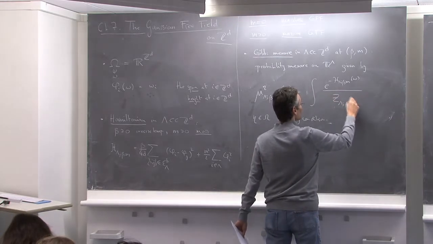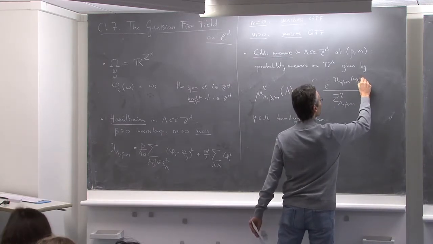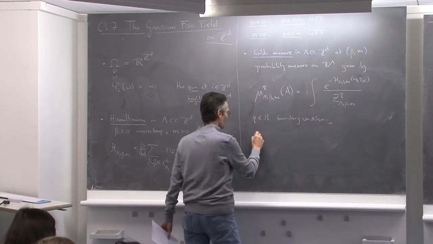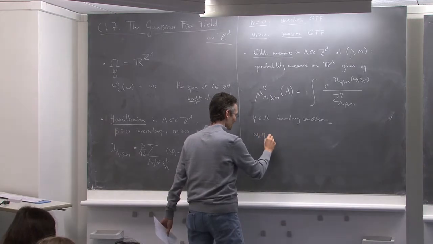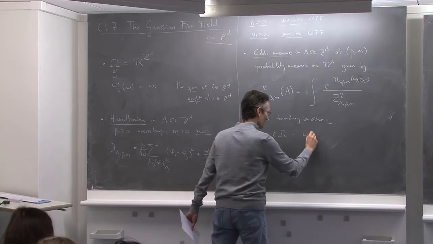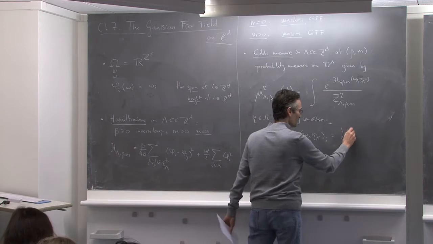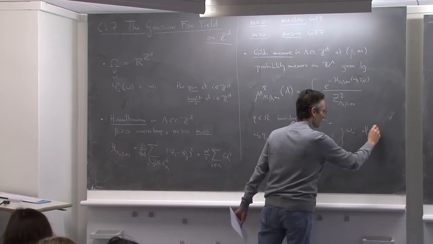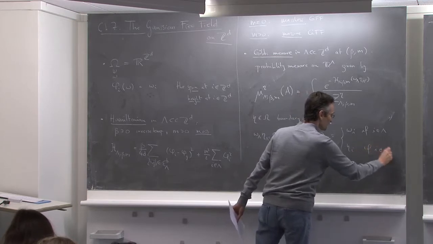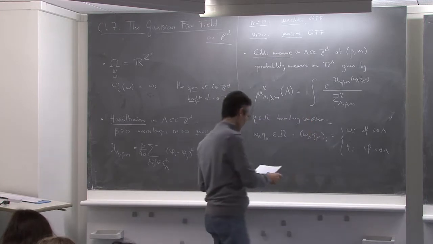I will write omega lambda eta lambda complement. This is a configuration, defined by omega lambda eta lambda complement at i is omega i if i is in lambda, and it's eta i if i is not in lambda. So it's just the configuration omega inside the box, eta outside the box.